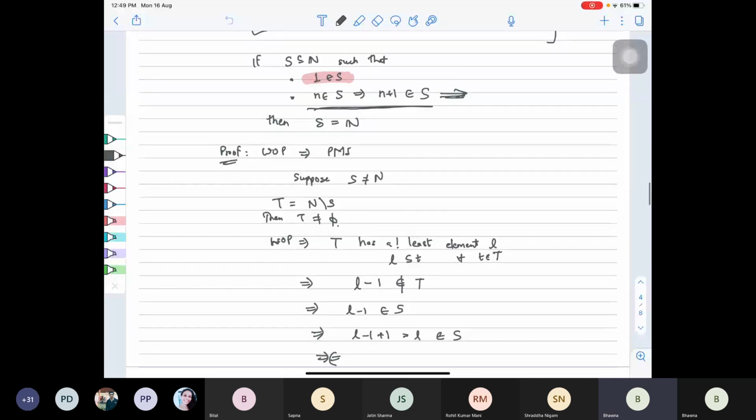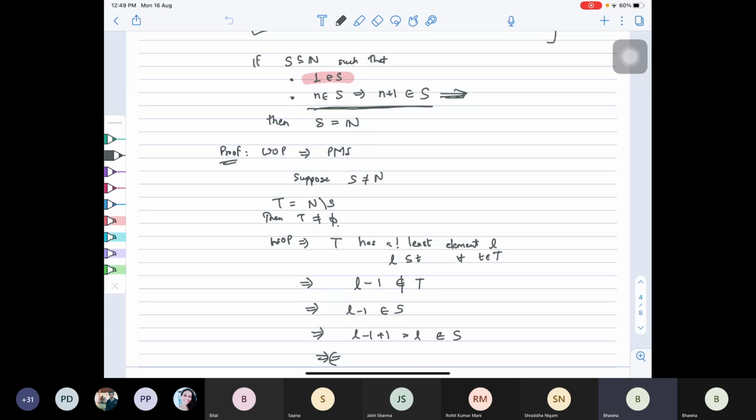Suppose PMI says that if we have a subset S of N such that 1 is in S, and if n is in S, its successor n plus 1 is in S, then S equals N. I wanted to prove this.